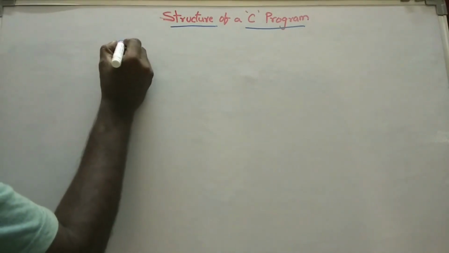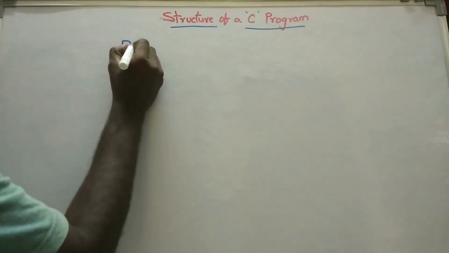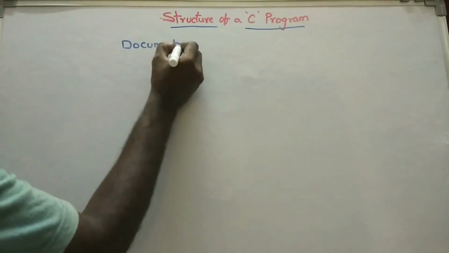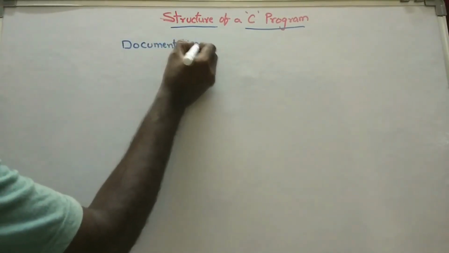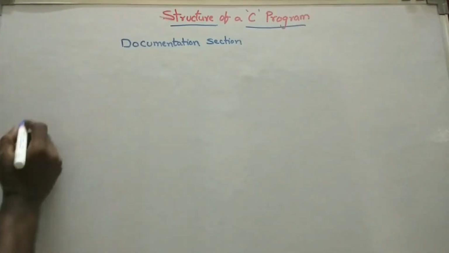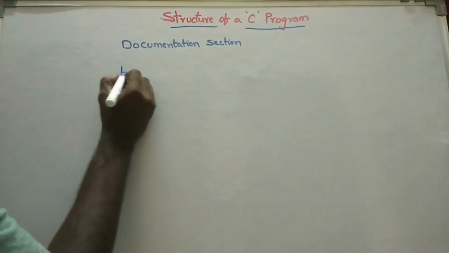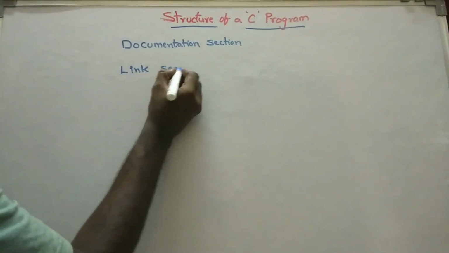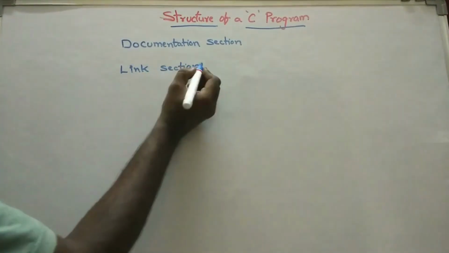The first section in a C program is the documentation section. The second one is the link section.